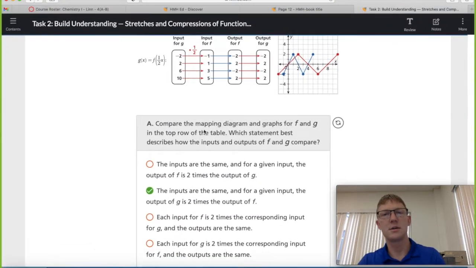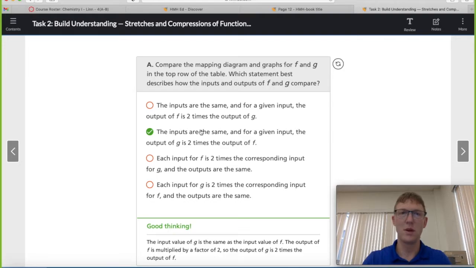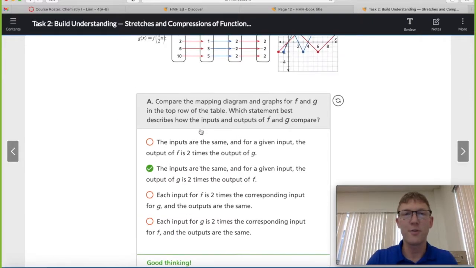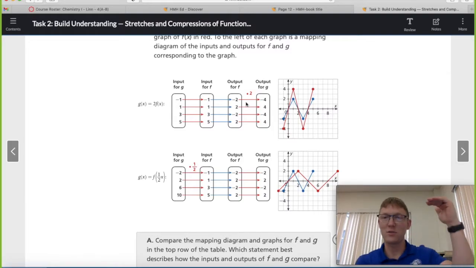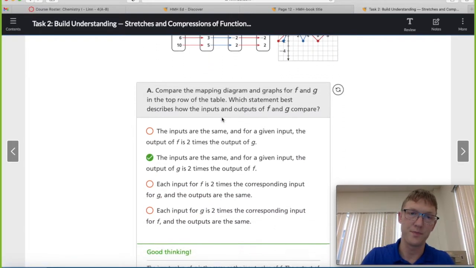So let's go through some of our questions. Compare the mapping diagram and graphs of f and g in the top row of the table. Which statement best describes how the inputs and outputs of f and g compare? So we talked about it. For this top row, the inputs are the same. The outputs are going to be different, and that is basically our x values are going to be the same, but our y values are going to change.